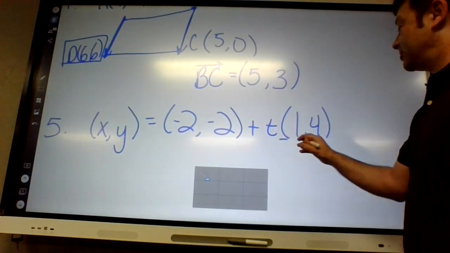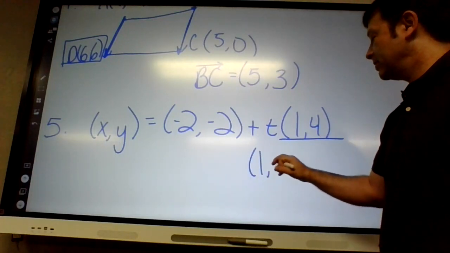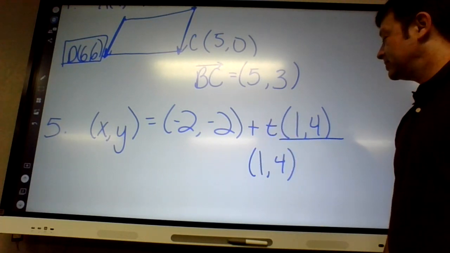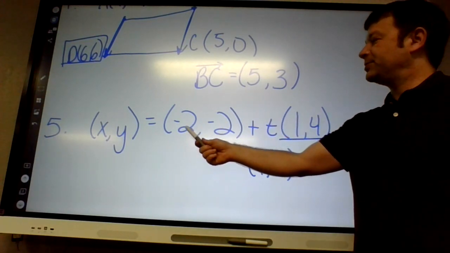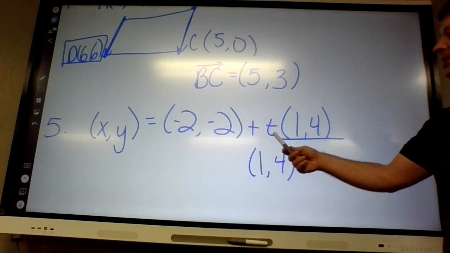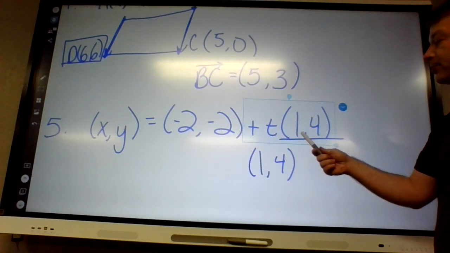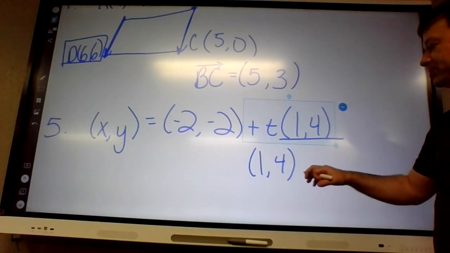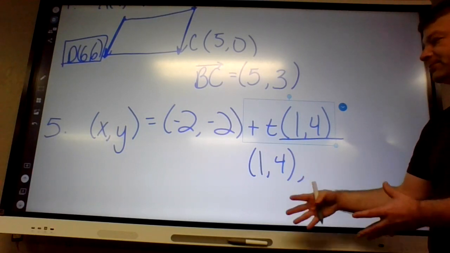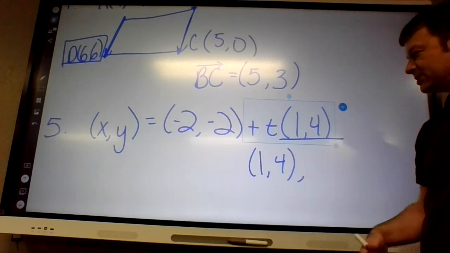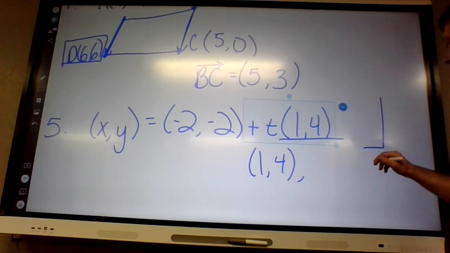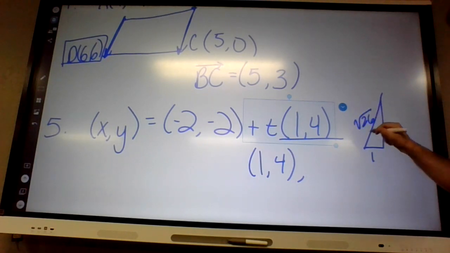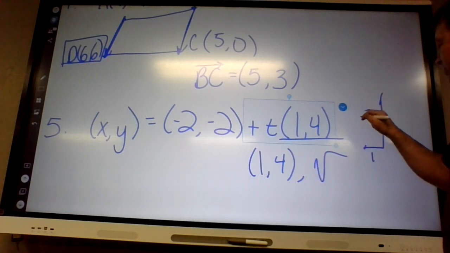I probably didn't put it on the final, but I'll go ahead and tell you. The velocity is 1,4. That's what they mean by it. It kind of just tells you where it's headed. This -2 is kind of like a starting spot. T is kind of like time, and 1,4 tells you where it's going from there. Right 1, up 4. 1 in the x direction, 4 in the y. 1,4 is the velocity, and the speed was basically the magnitude, like how far is it moving per t units. So it's just the Pythagorean theorem again. 1 squared plus 4 squared, so it's square root of 17.